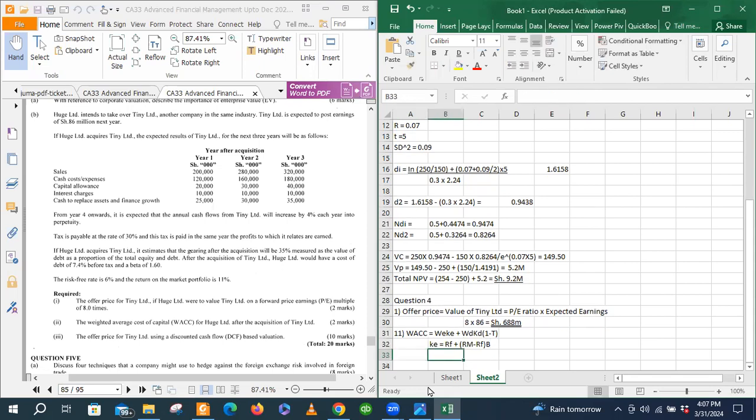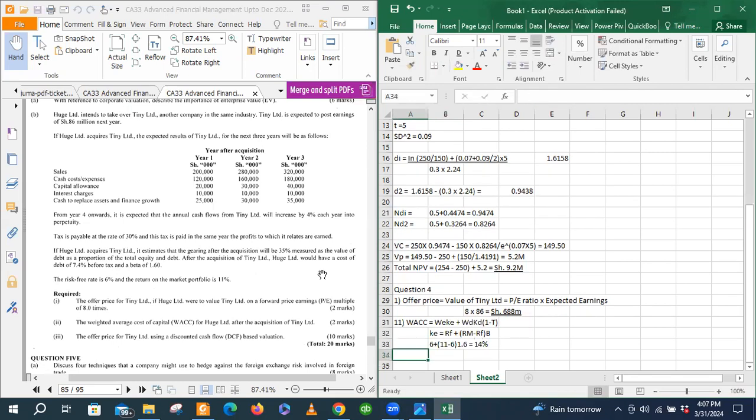RF is 6%, so 6 plus return on the market of 11, so 11 minus 6, and beta is 1.6. So what do we have as our Ke? We have 14%.